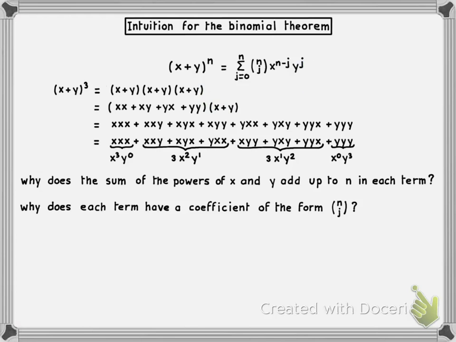How many ways do we have to do that? Well, we have n choose j. Notice we are picking a subset of size j out of a total set of size n. And so that explains why the coefficient in front of these products is the number of j combinations out of a set of n elements.